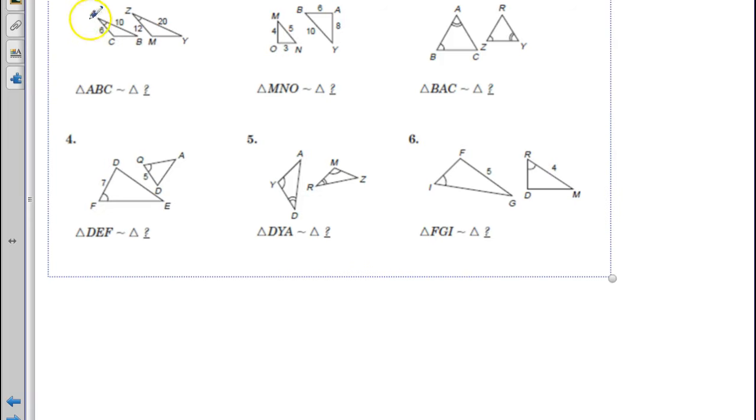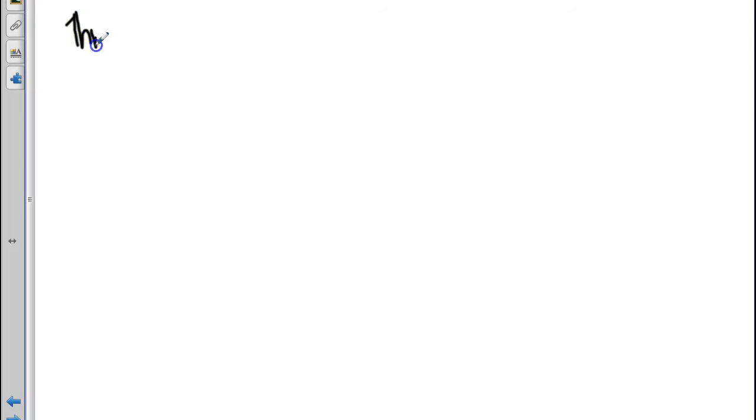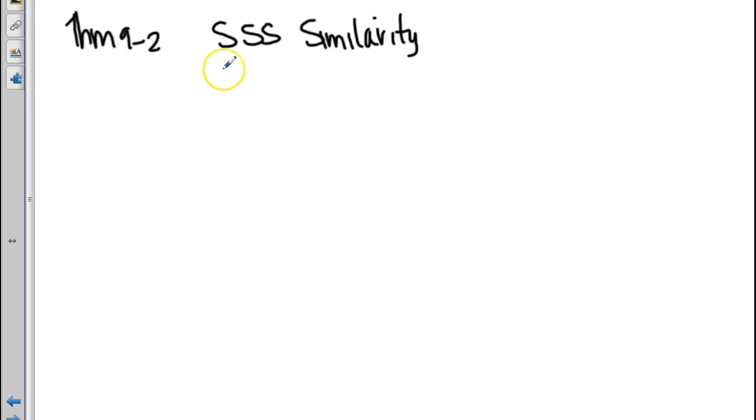All right, theorem 9.2. Side, side, side similarity. If the measures of the sides of a triangle are proportional to the measures of the corresponding sides of another triangle, then the triangles are similar.